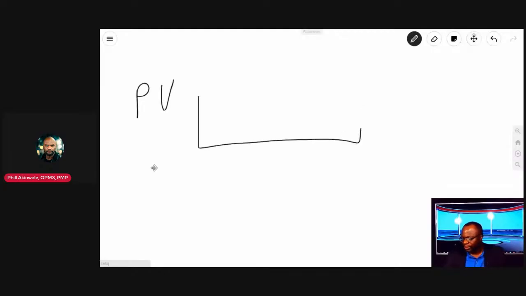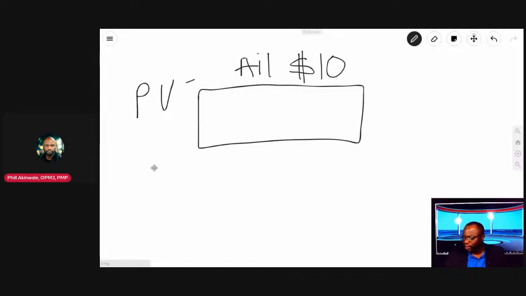Let's say this is our project here to paint this wall. Planned value says, I'm going to paint all of this, and I'm going to paint all the wall for $10. That's planned value. Actual cost and earned value are different.